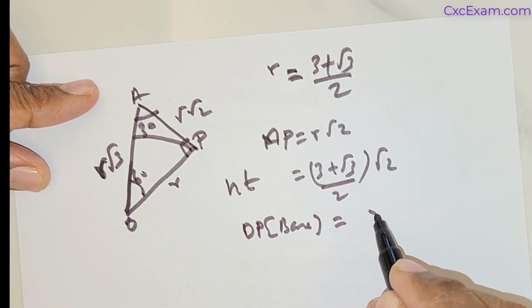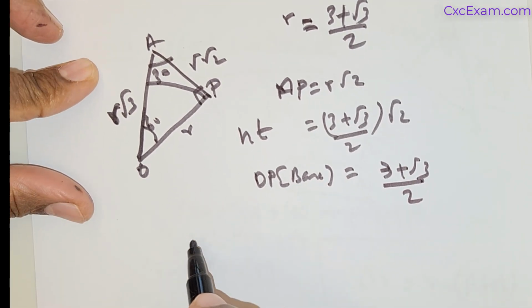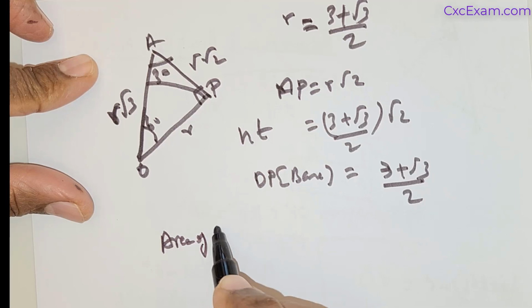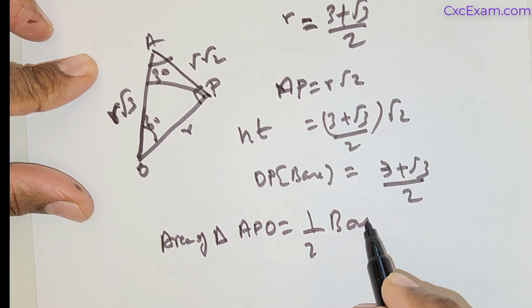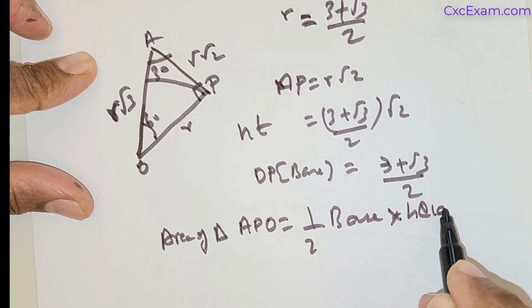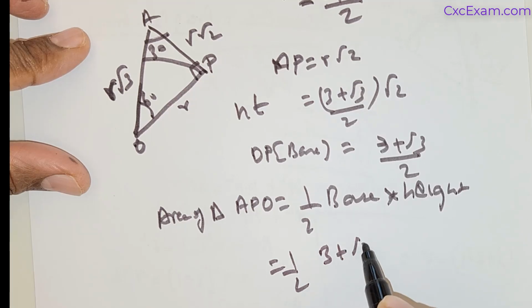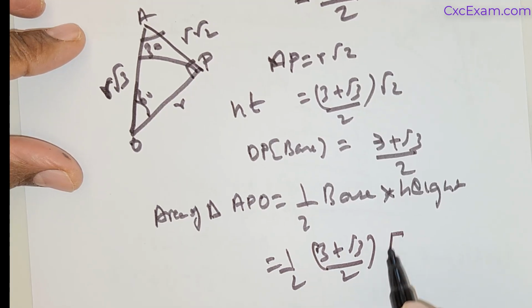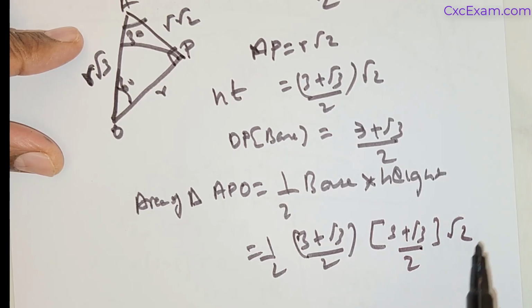Base is going to be (3 + root 3) over 2. So area of triangle APO is half times base times height. So half times my base, (3 + root 3) over 2, my height is (3 + root 3) over 2 times root 2.